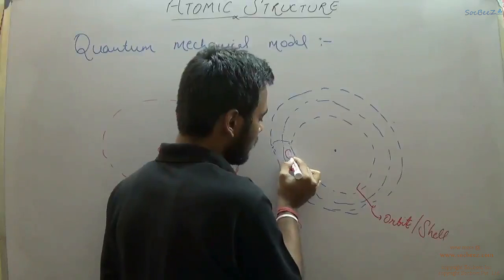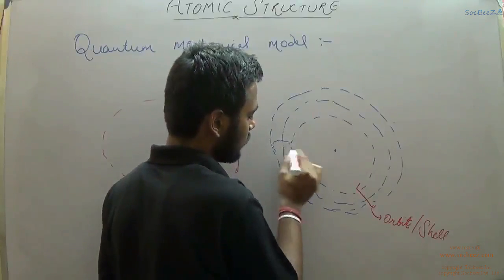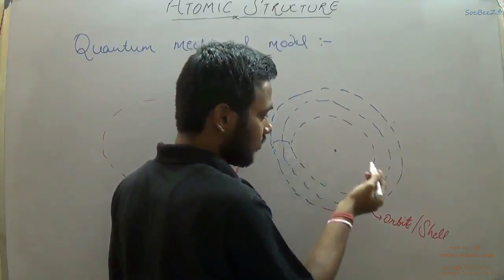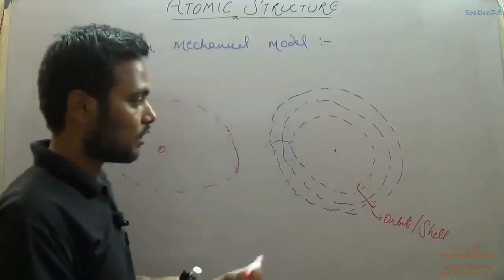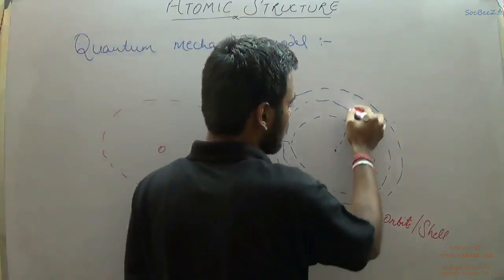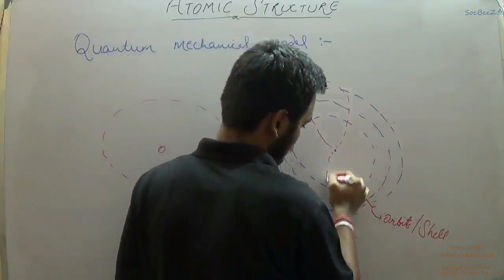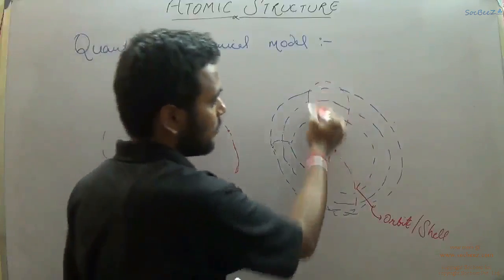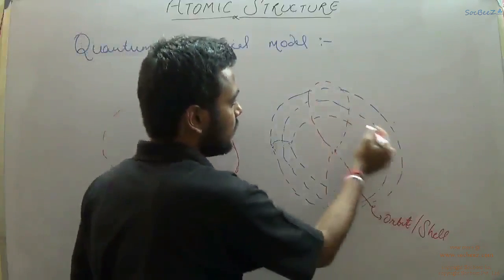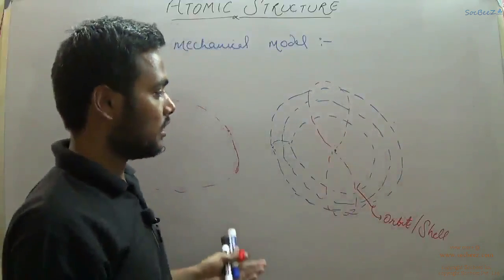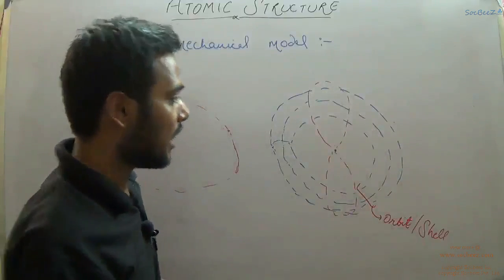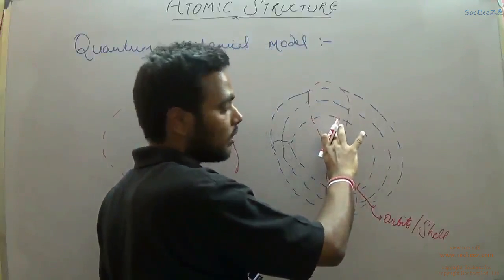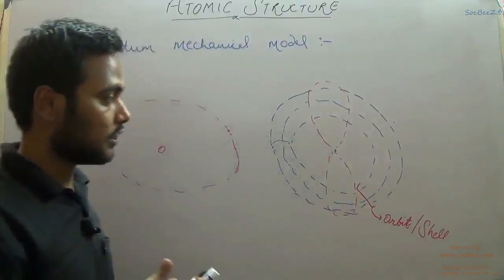For example, some are circular in shape. From this nucleus, in case of p orbitals, we'll study what a p orbital is, you'll see it like this. The probability of finding an electron is maximum in this particular region in case of a p orbital. In case of an s orbital, the whole circular region is where the probability of finding an electron will be maximum. And in case of a d orbital, if you draw another lobe perpendicular to this particular lobe, then those constitute a d orbital.